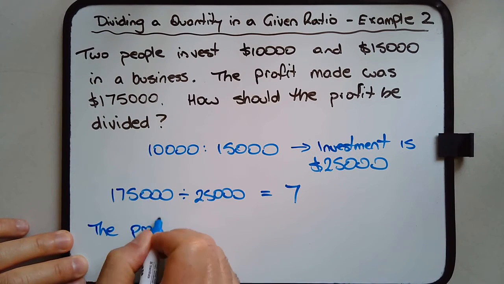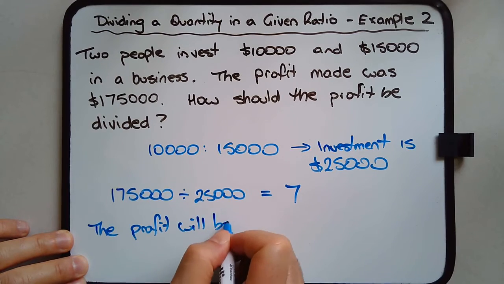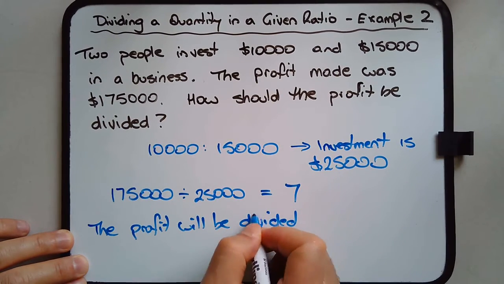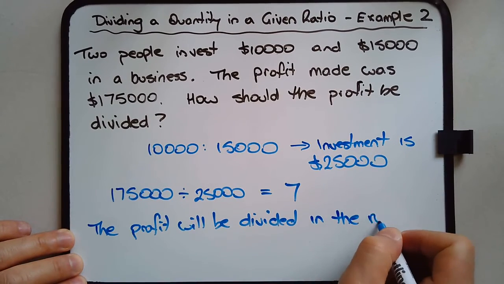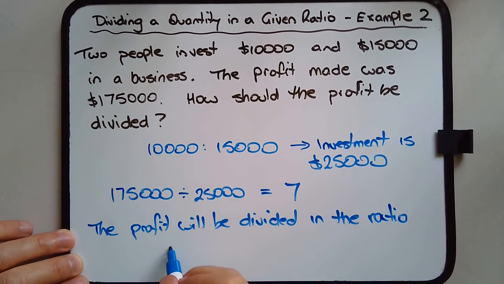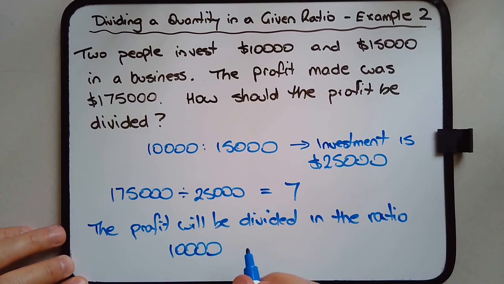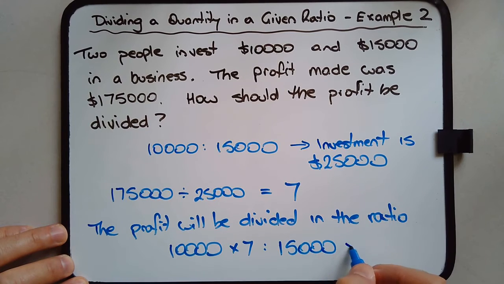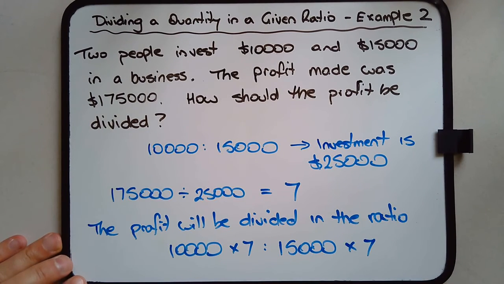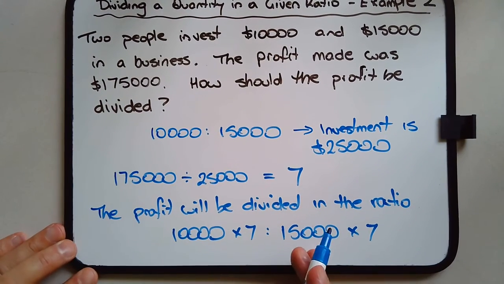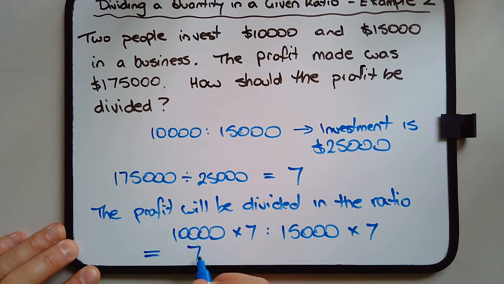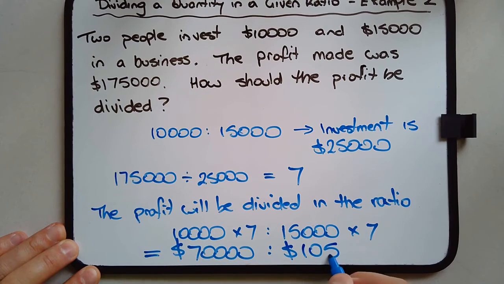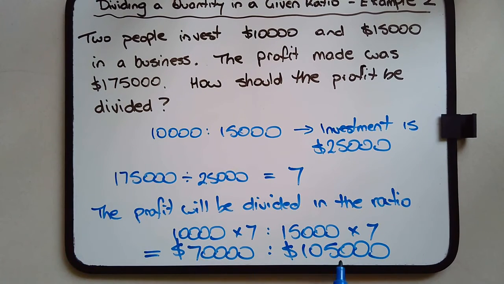So the profit will be divided in the ratio 10,000, which we multiply by 7, to 15,000, which we also multiply by 7, because each one's contribution has now increased by a factor of 7. That's going to give us $70,000 to $105,000. So the profit's going to be split in this way.